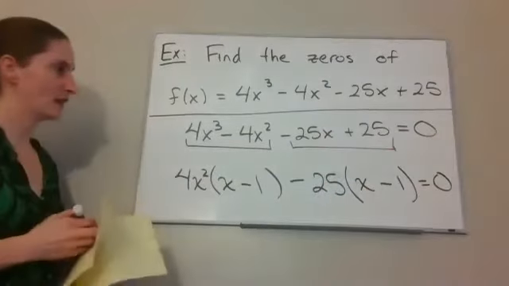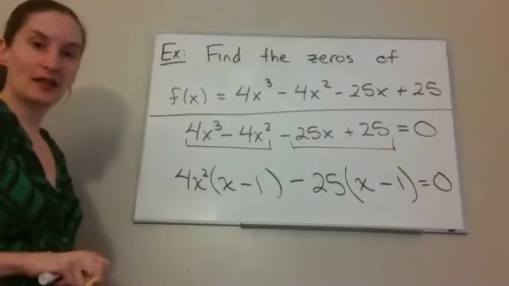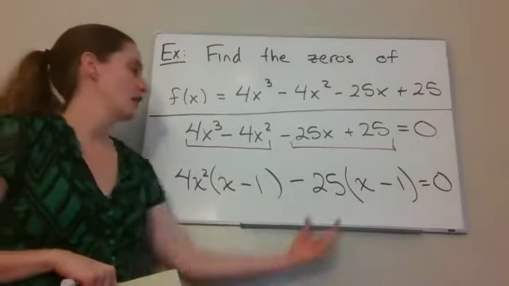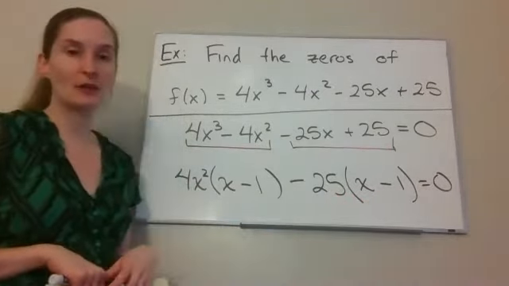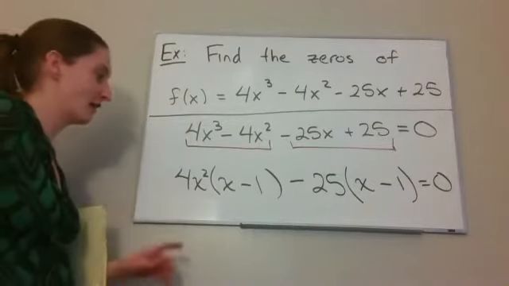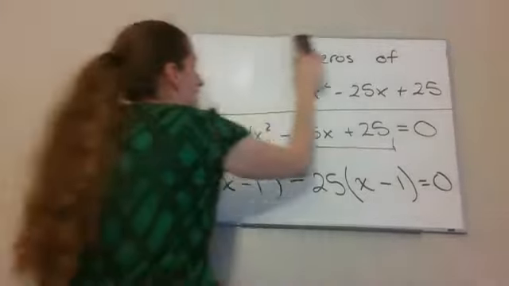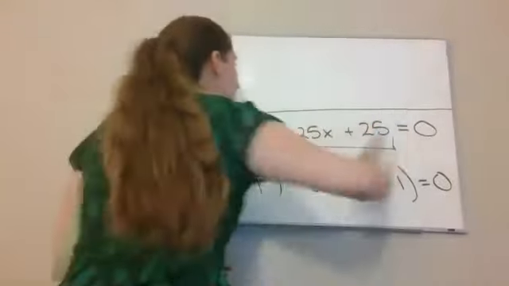in the parentheses. Now let me look at these two terms. I have 4x squared times x minus 1, and I have 25 times x minus 1. What they have in common is an x minus 1. So I'm going to factor out that x minus 1.